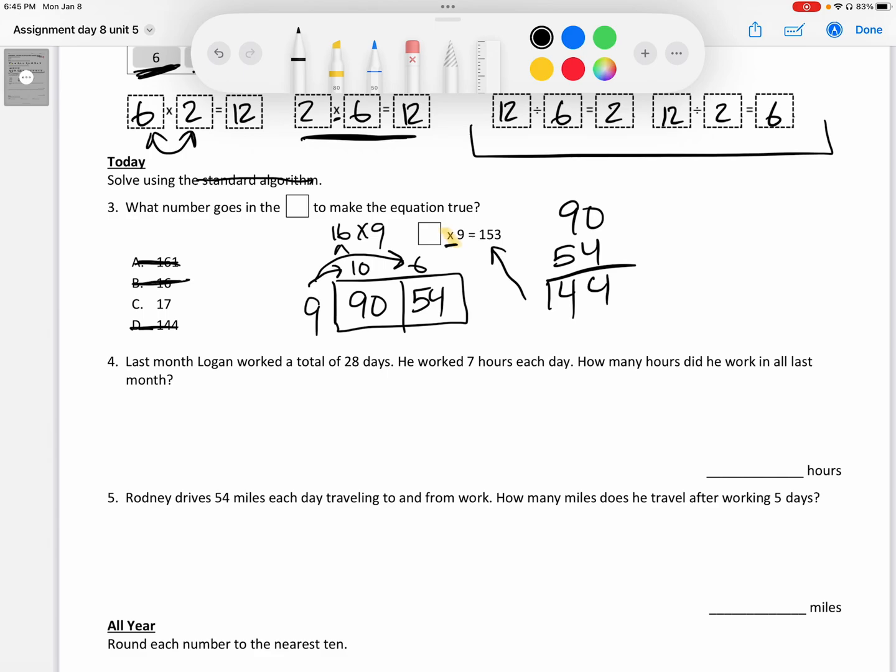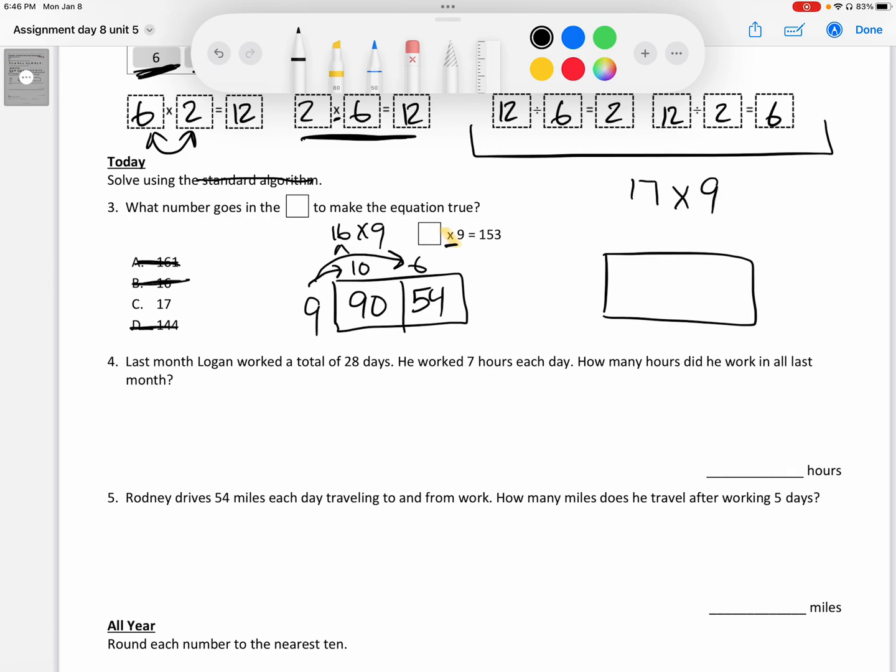I am not, however, just going to pick C, even though I'm very confident C is going to be the correct answer. I am going to work it out and prove it. So let's create an area model for the problem 17 times 9.